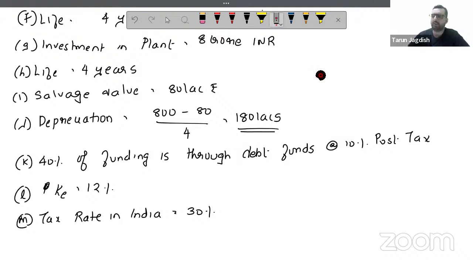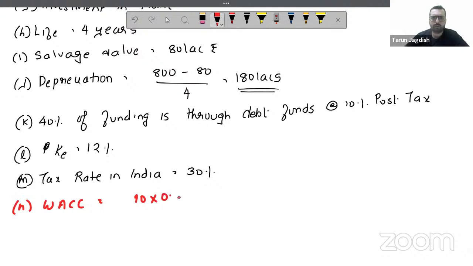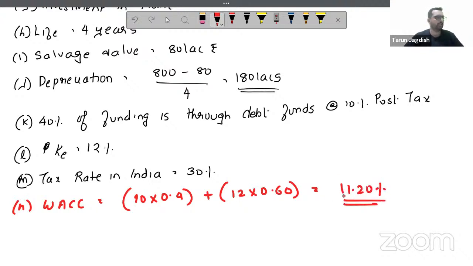From this, can I find out my WACC? I can find that out here itself. I'm not going to our next page. WACC will be equal to 10 into 0.4 plus 12 into 0.6. So can you tell me what answer you will get over here? 4 plus 7.2. Will you get the answer as 11.20%? Can you just write this down in your books now?